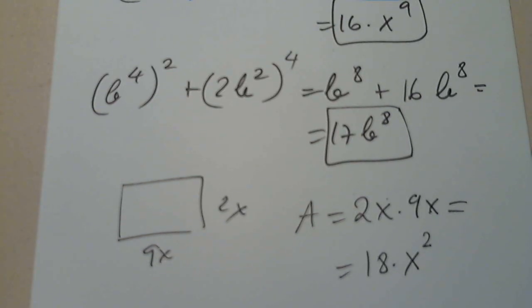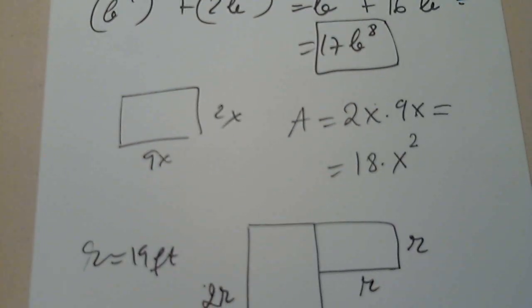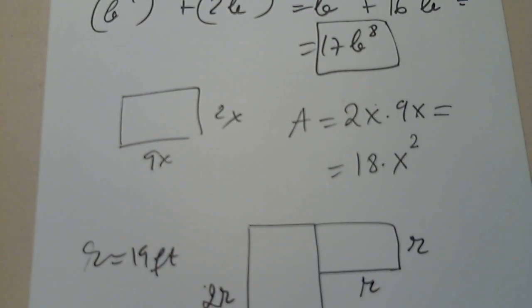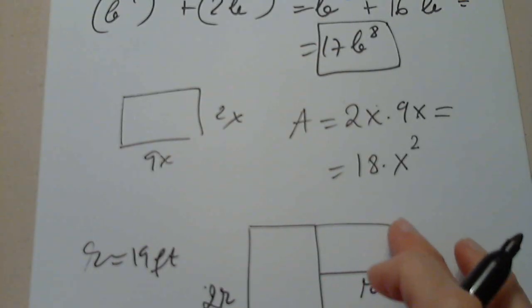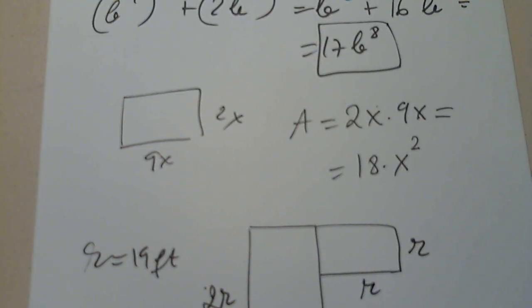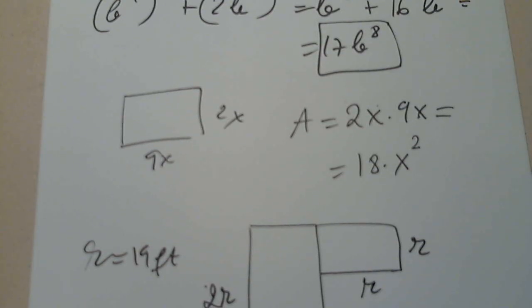Fine. So then the total area is length times width, so 2R times R plus length times width, R times R. This is 2R squared. This is R squared. 2 apples plus 1 apple is 3R squared. No, 1 apple plus 2 apples is not 3R squared, but you know what I mean.